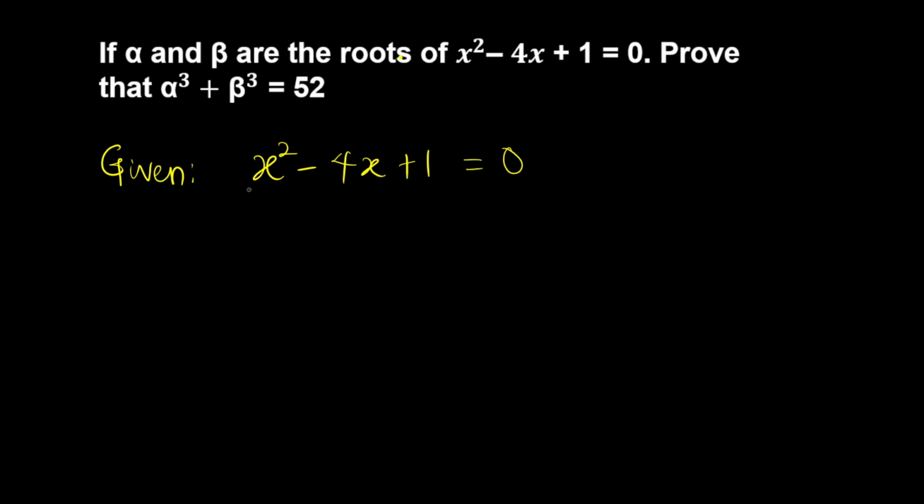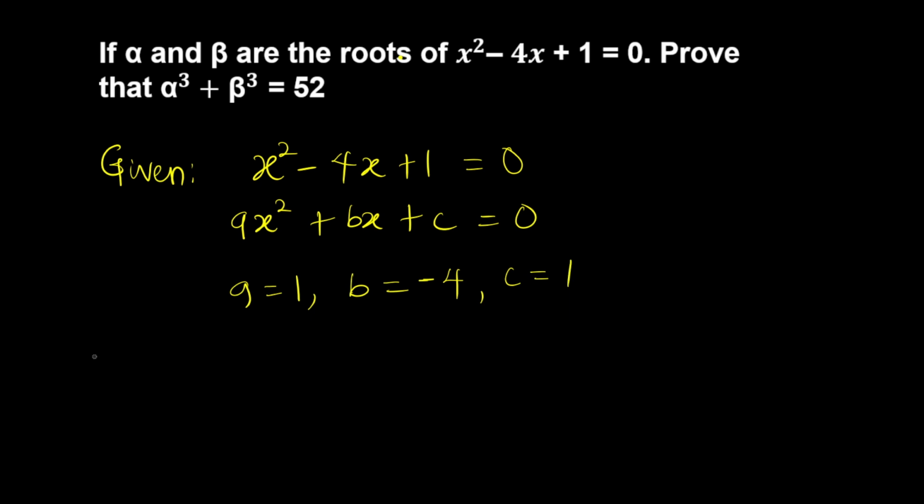Representing this with our standard equation, which is ax squared plus bx plus c equal to 0, we have that our a is equal to 1, our b is equal to -4, and our constant term c is equal to 1.